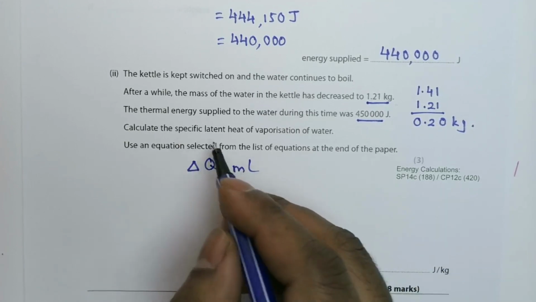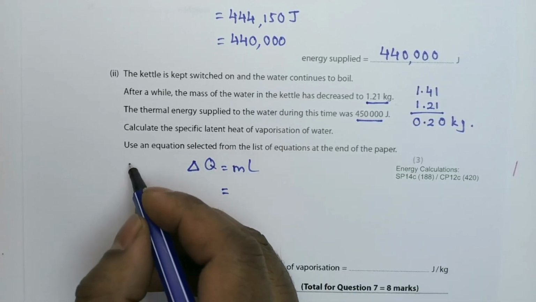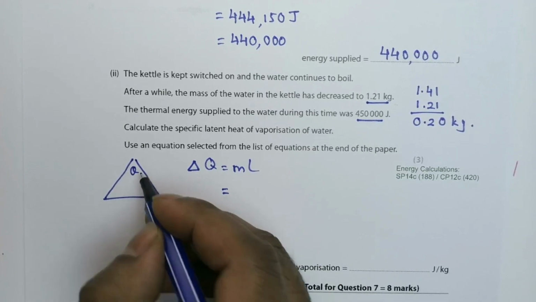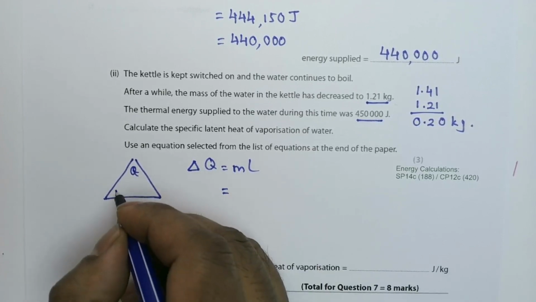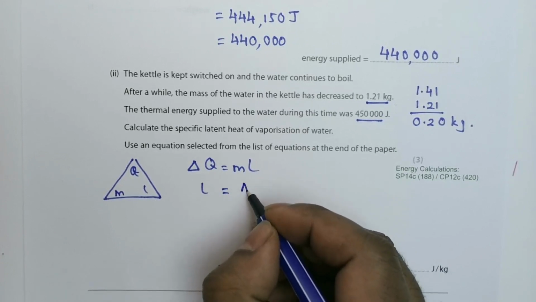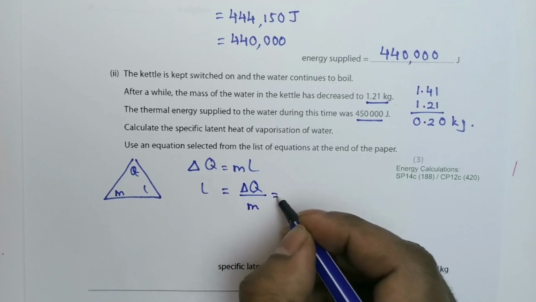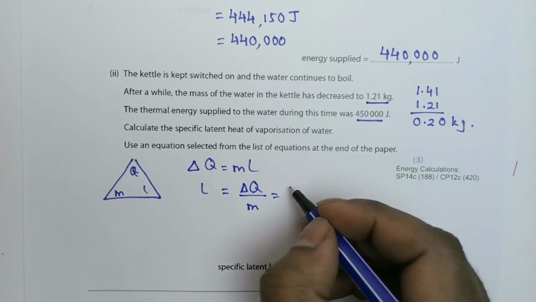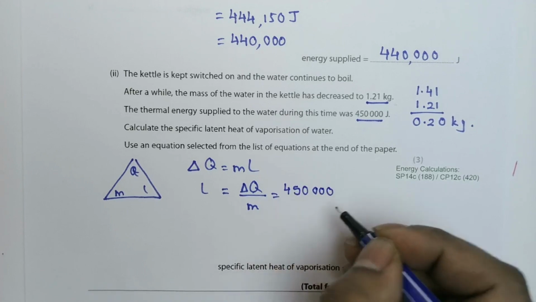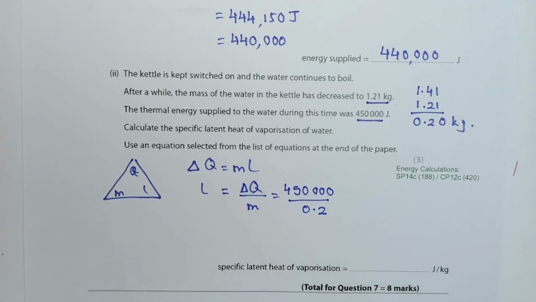So in order to calculate the specific latent heat of vaporization of water, which is L, if you put this in a triangle, you get Q, M and L. So L equals delta Q divided by the mass, which is 450,000 divided by 0.2.